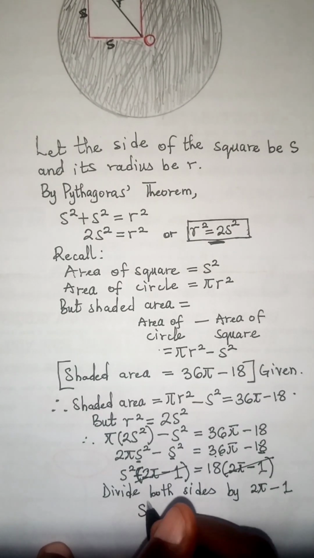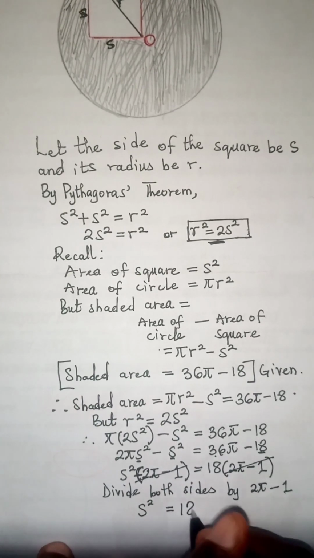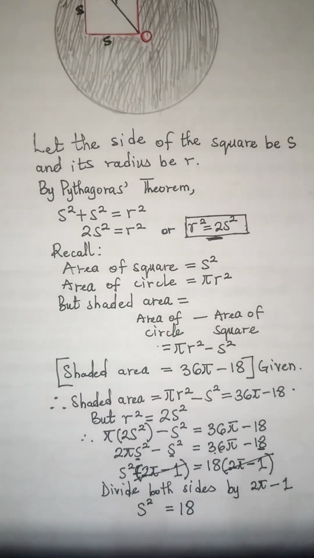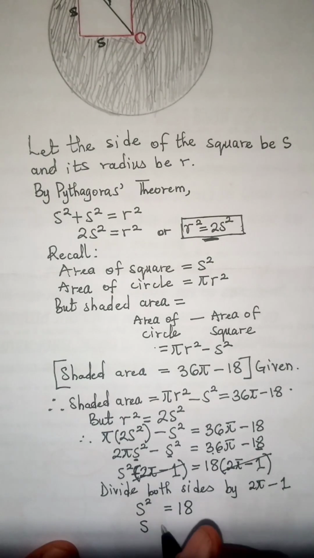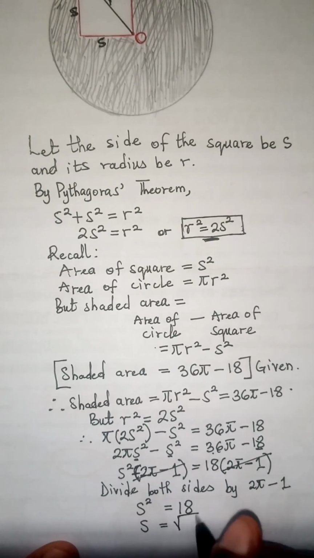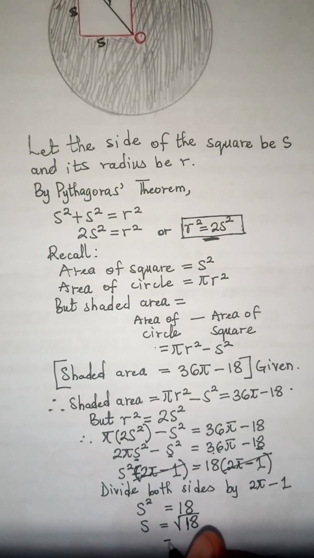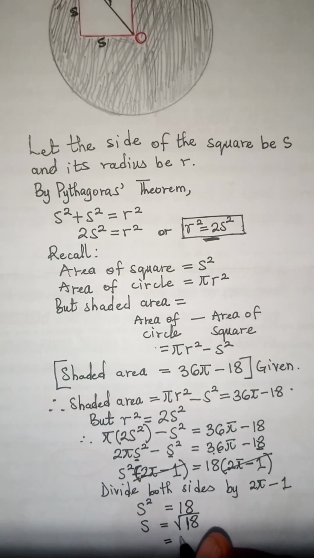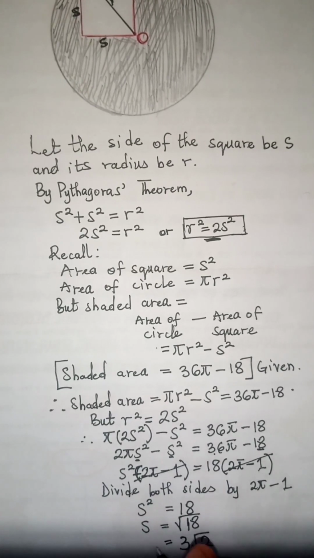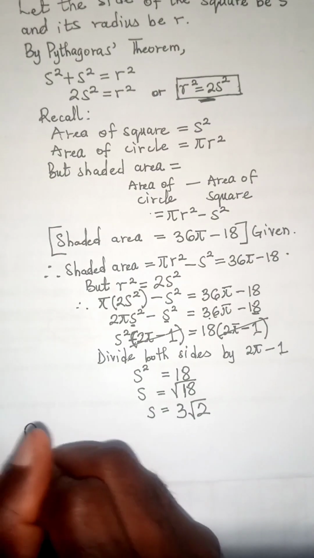So we have s squared equals 18, and from here we take the square root of both sides. So s is going to be square root of 18, and that simplifies. That's 9 times 2, so it simplifies to 3 root 2. That gives the side of the square.